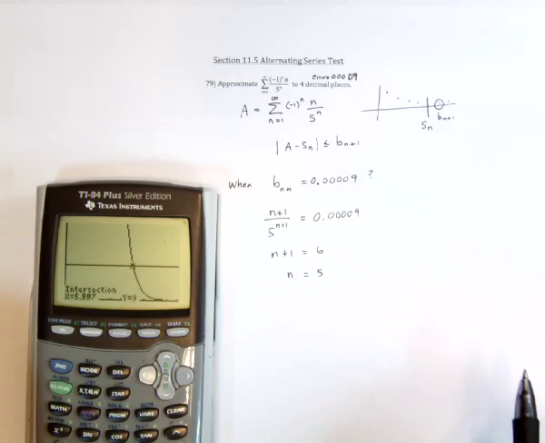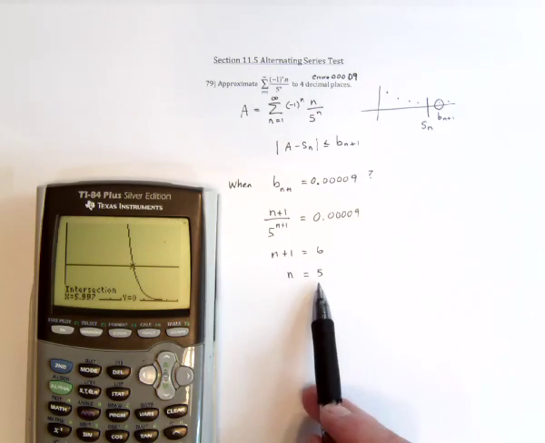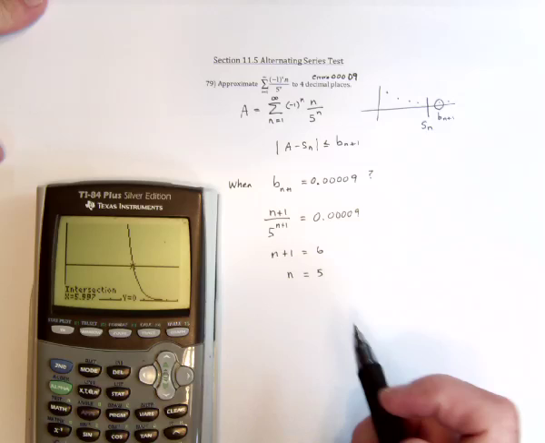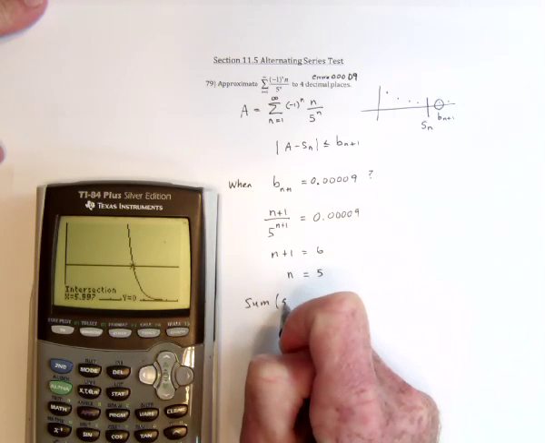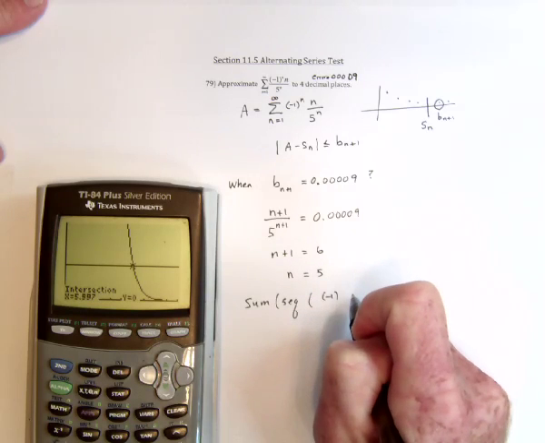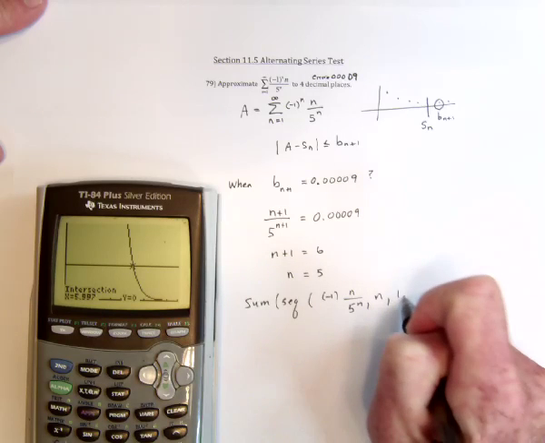So then what that's saying is, if you want this to be the maximum error, you're going to have to add up 5 terms. So go to this alternating series, and add up the first 5 terms. So I'm going to use sum the sequence -1, and then it's n over 5 to the n, with n going from 1 to 5.